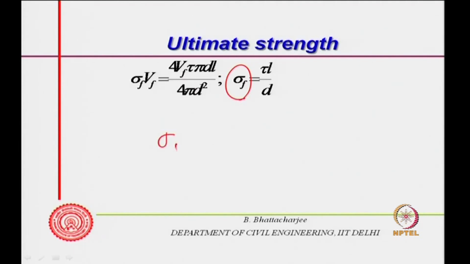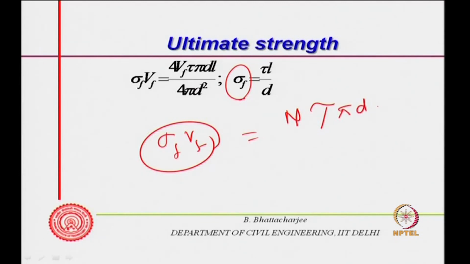So, sigma f V f is the stress, and I said it is n tau pi d L by 4, because tau pi d into L by 4 is the force for one fiber, and n can be written as V f divided by pi r square or pi d square by 4.